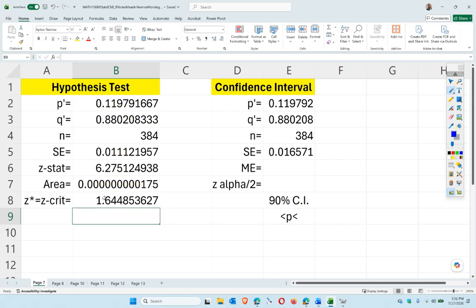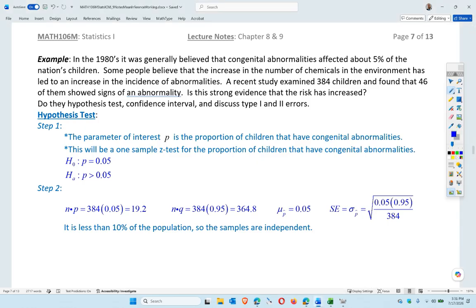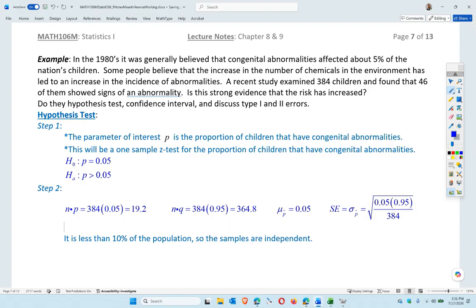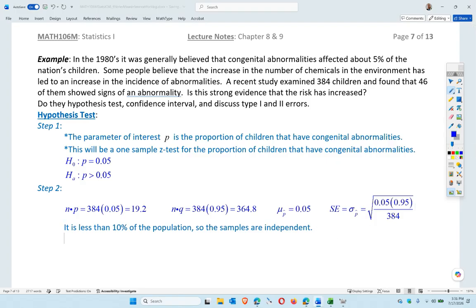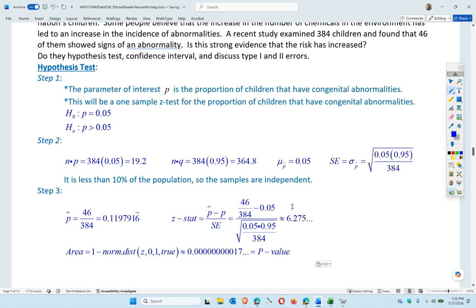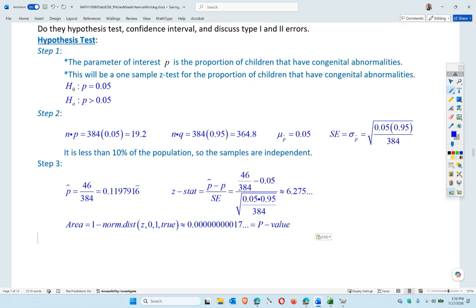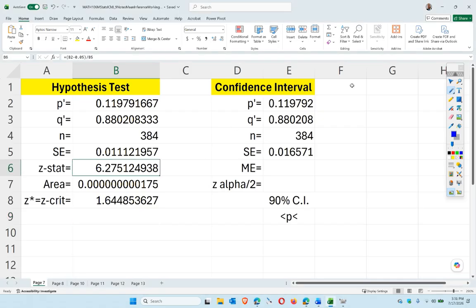Okay, if we go back to step 3, we got 6.275, so that's the z value that we got.